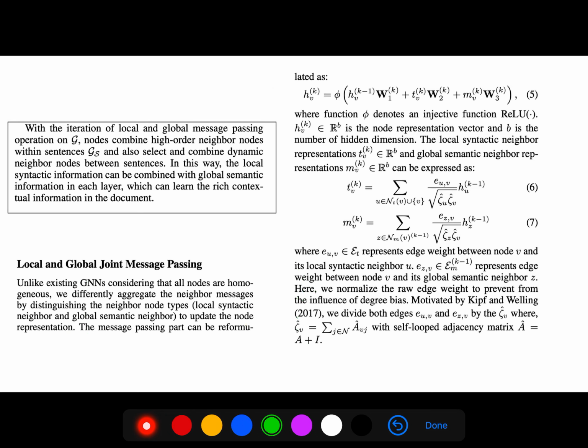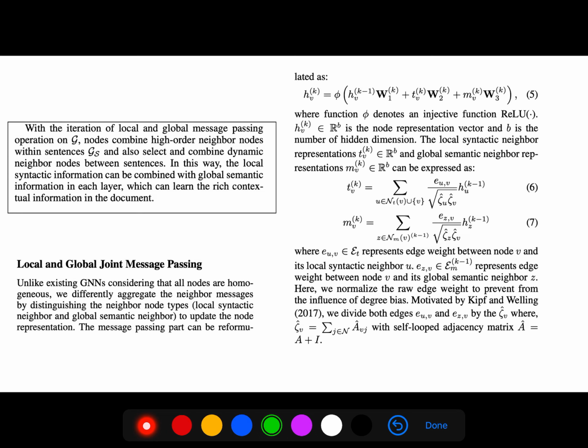Now, unlike existing GNNs, which consider all nodes homogeneous, we differently aggregate their neighbor messages by distinguishing the neighbor node types: local syntactic neighbor and global semantic neighbor.